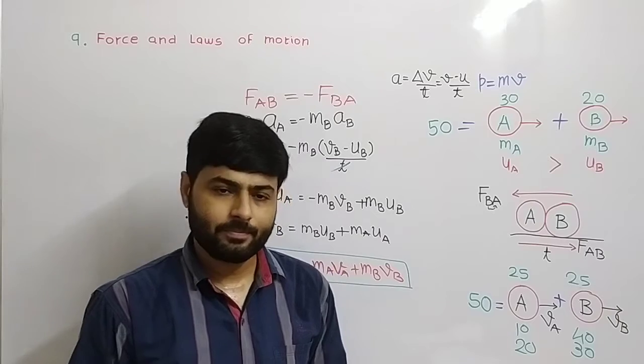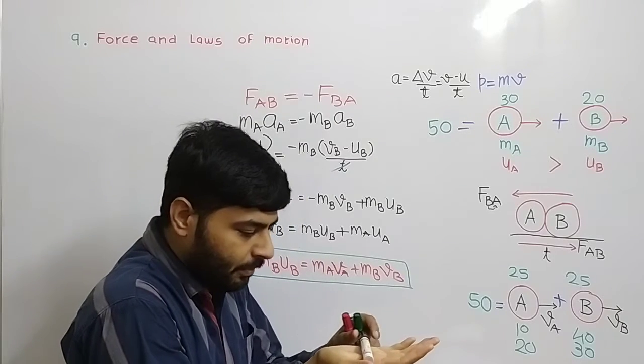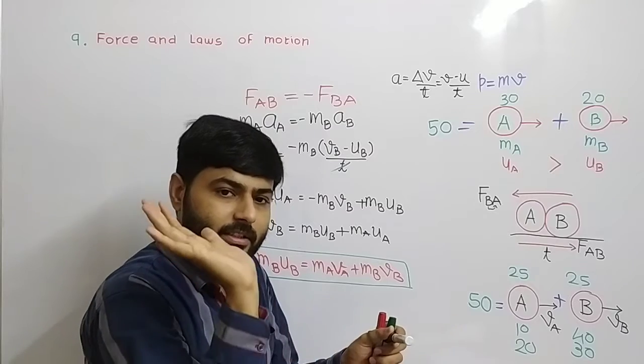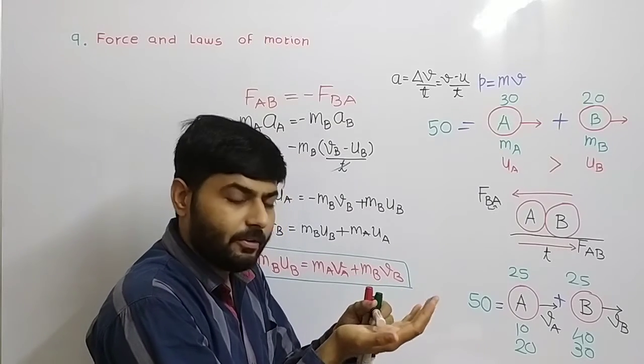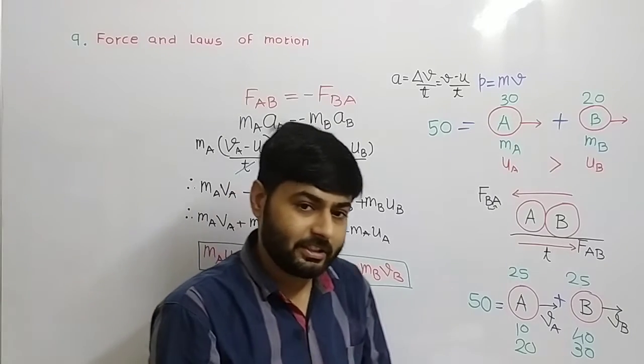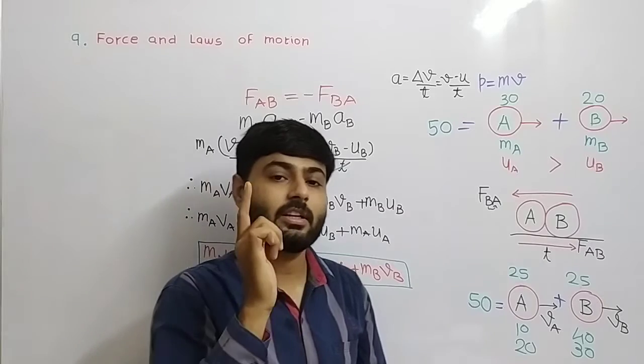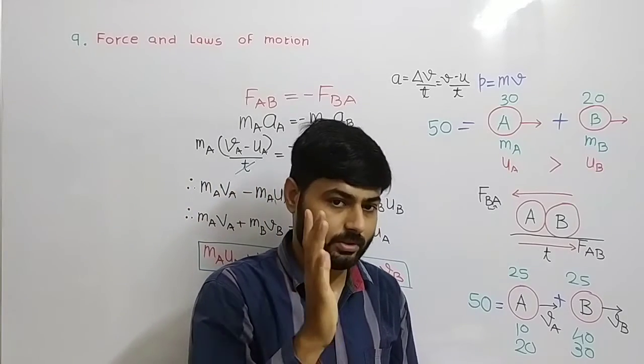Now we know that when a ball or anything moves on this surface, it exerts a frictional force in the opposite direction. So I can say that this friction is an external unbalanced force.